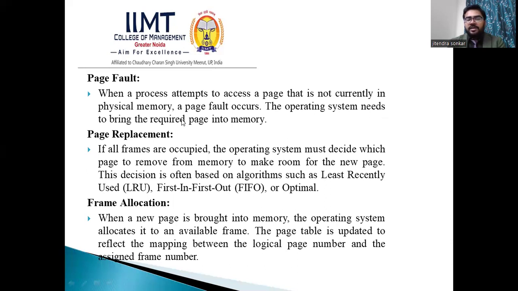The operating system needs to bring the required page into the memory. Page replacement: if all frames are occupied, the operating system must decide which page is to be removed from the memory to make room for the new page.